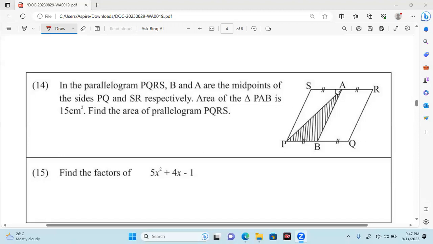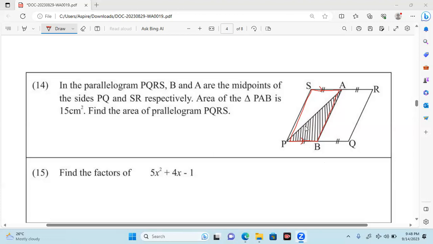Now when you consider this parallelogram, look at it, we can identify these two are equal and these two are parallel. Therefore PBAS is a parallelogram, and this triangle APB, that means the shaded part, lies on the PB base and it is between the same parallel straight lines. Therefore, we know that there is a theorem.